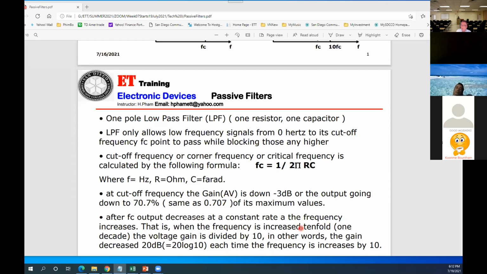And 3 pole, same thing, 3 resistors, 3 capacitors, and so on. Okay? And the next thing, you must memorize how to do the calculation for the cutoff frequency. That equals 1 over 2 pi times R times C. Pi is 3.142. Okay, any question in this part here?